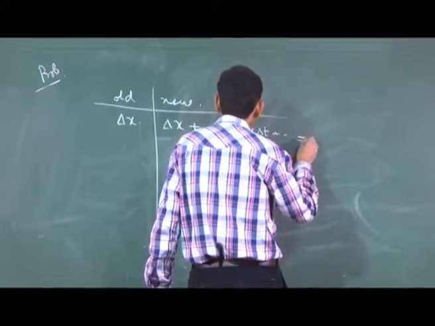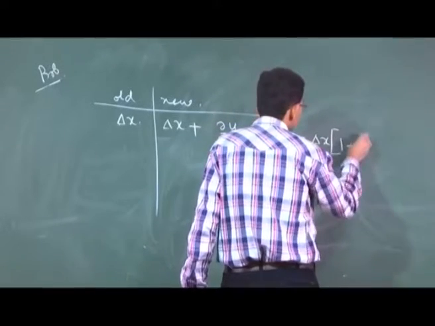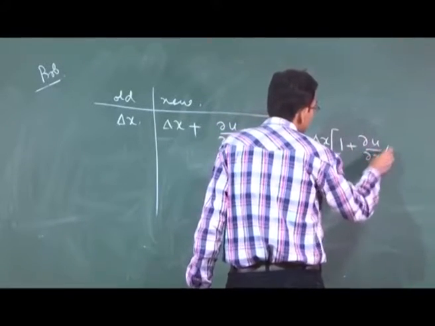So, this is delta x into 1 plus del u del x into delta t.